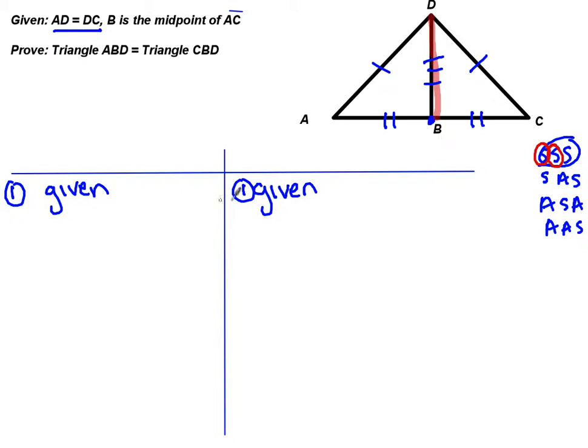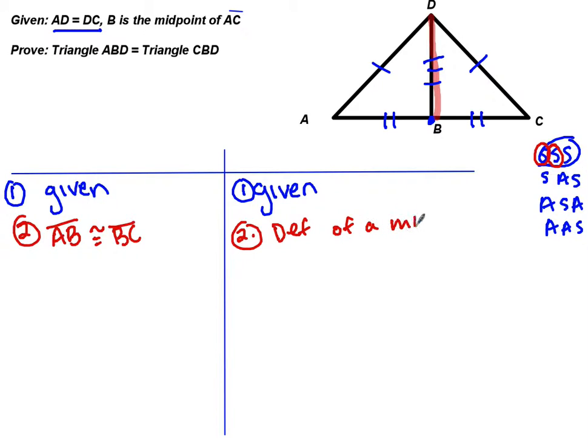I need a second pair of sides congruent. So even though I marked it in the picture, I have to remember to actually write it in my proof. So if B is the midpoint, it means AB is congruent to BC. And my reason for that is definition of a midpoint. And now for my second to last step, I have to prove that the third pair of sides are congruent.